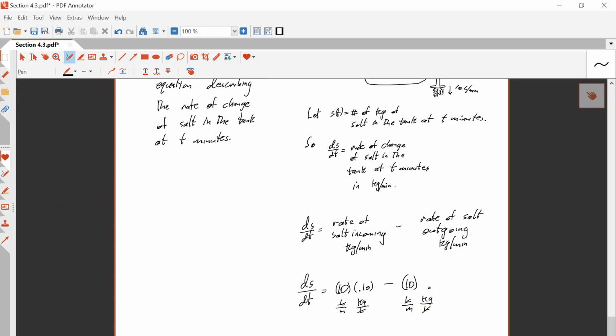Well, the amount of salt in the tank is S. S is in kilograms of salt. So that's S over, well, how many liters? All right, 1,000.